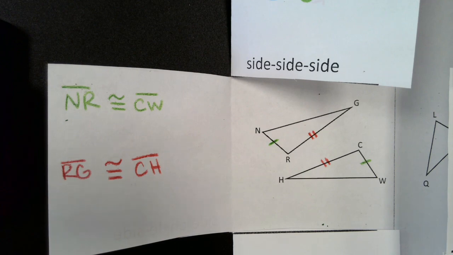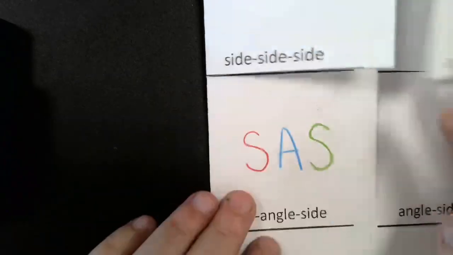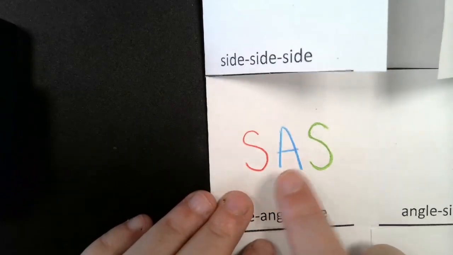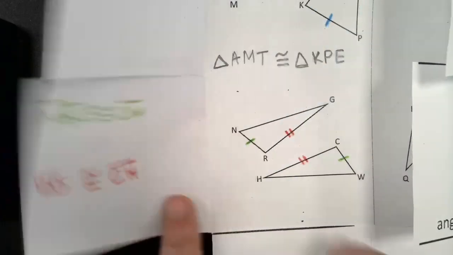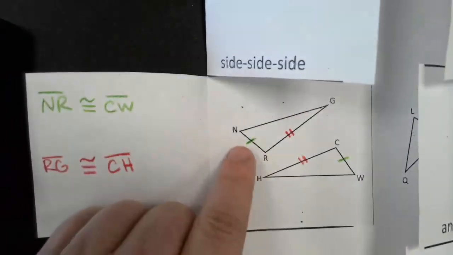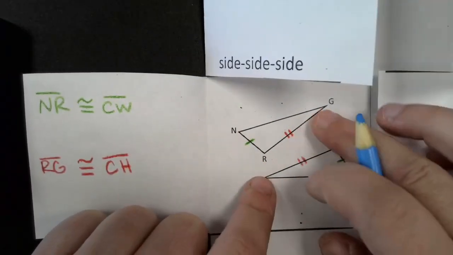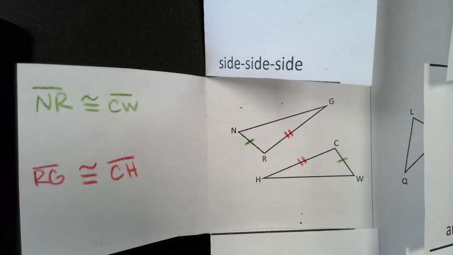Okay, now those are my two sides. And the angle has to come in between the side. It's the included angle. So it's where those two sides come together. So as I look at where these two sides come together, I have NR and RG. What angle connects both those sides?